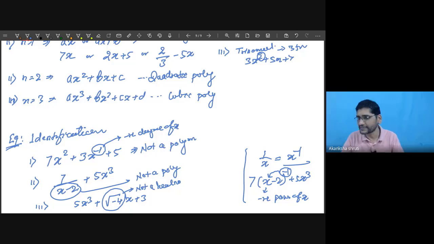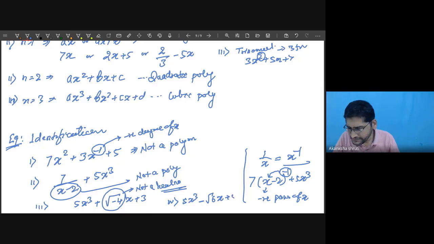I have just explained in the previous chapter. If the coefficient is real, then it can be. But if it is not real, it is an imaginary number. Students, the fourth one, let us take 5x cube plus, or let us take minus under root 6x plus 5. Is it a polynomial or not?